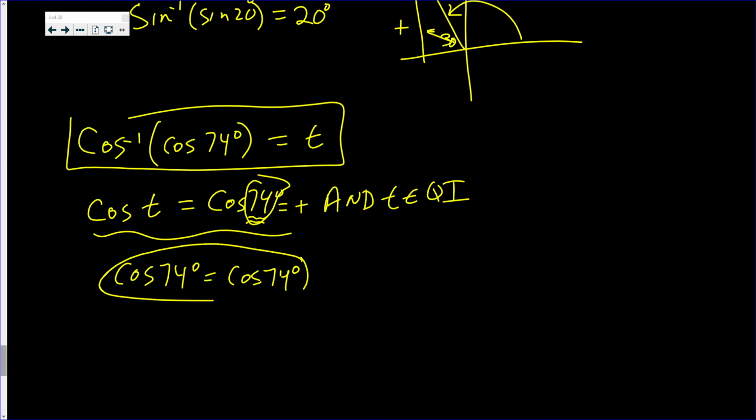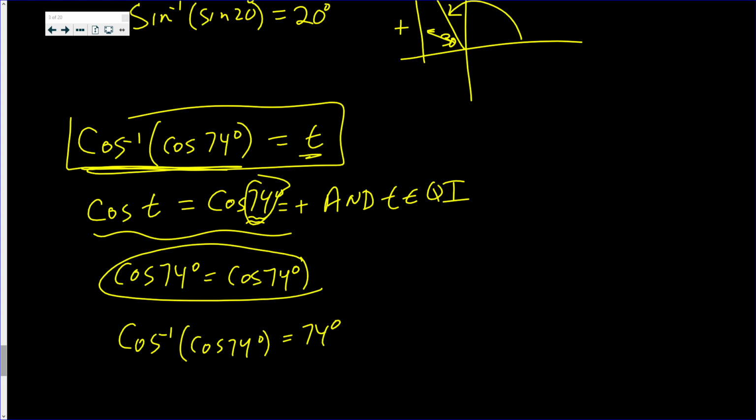Okay, this is an obvious statement. So the cosine inverse of the cosine of 74 degrees equals t. And I'm saying t is 74 degrees.